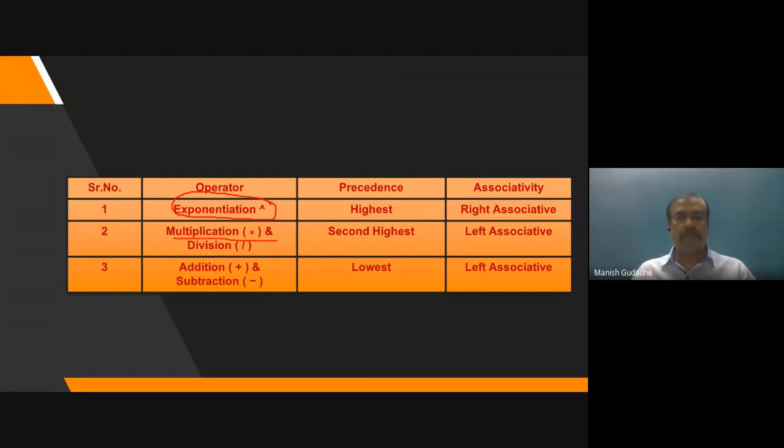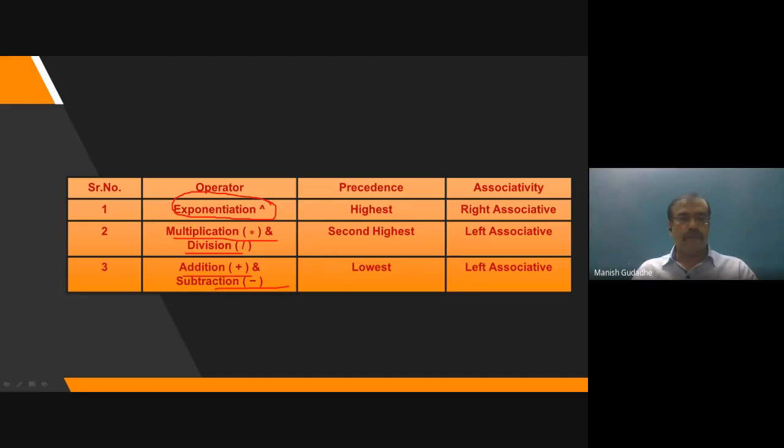Then multiplication and division are on the same priority, the second highest, and addition and subtraction are on the third priority. So keeping in mind these priorities, we try to solve the expression from infix form to postfix form.